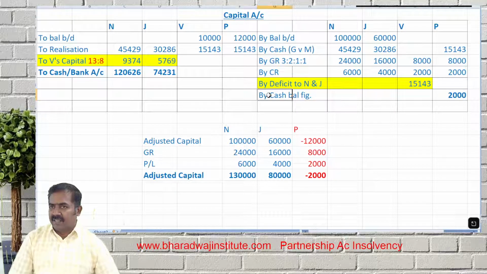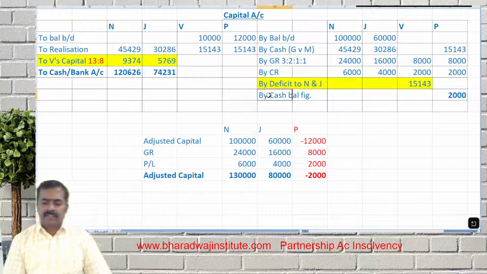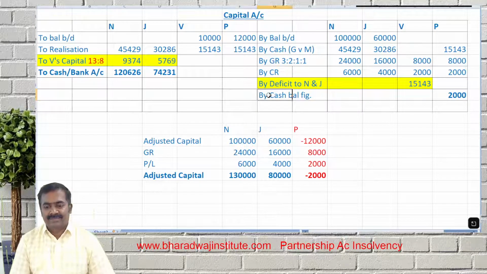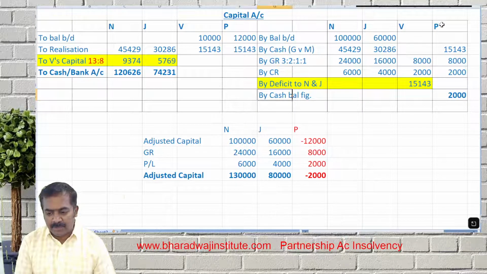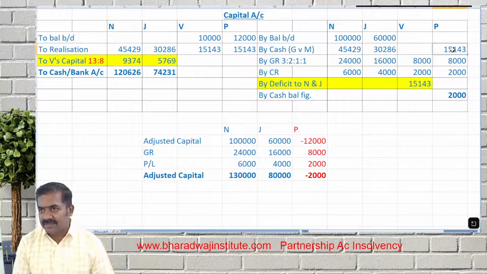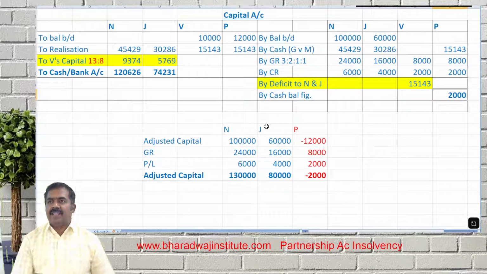He is not insolvent, he is bringing in cash. Suppose P also became insolvent, this cash of 15,143 cannot be brought in. Then that loss is added and N and J will share.